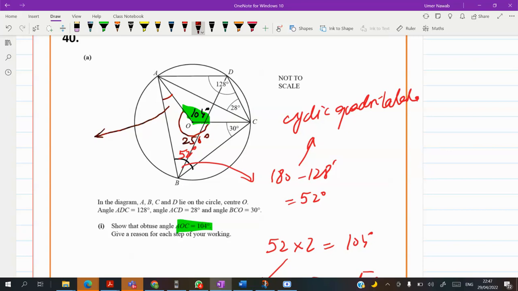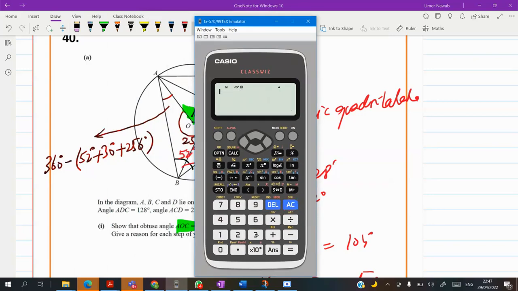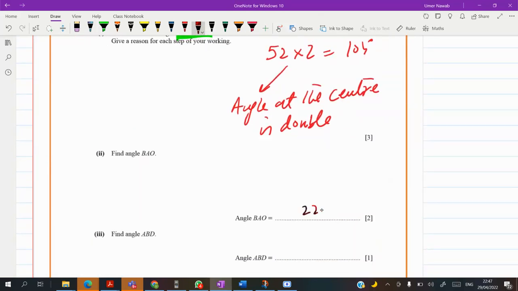So I want to find this angle. Can we subtract the other three angles from 360 degrees? So 360 minus 52 plus 30 plus 256 gives us 22. So that is 22 degrees. Interesting question.